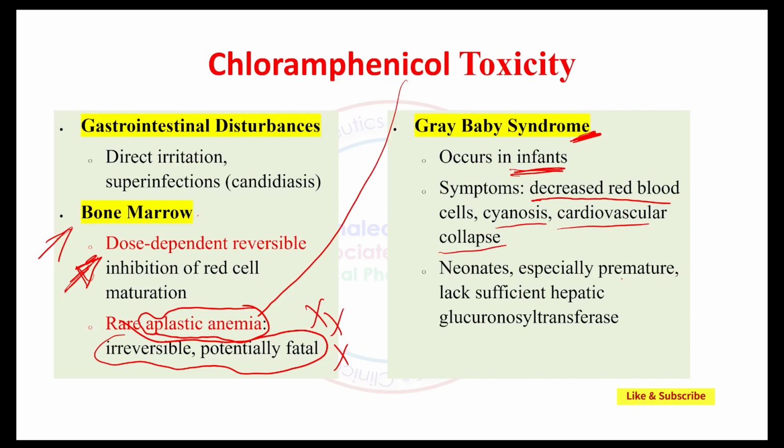This happens normally in neonates, especially premature neonates, who have insufficient glucuronyl transferase. So premature neonates don't have enough glucuronyl transferase enzyme, which is responsible for the metabolism of chloramphenicol.